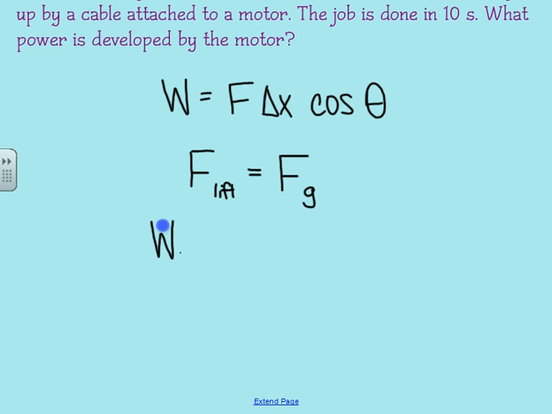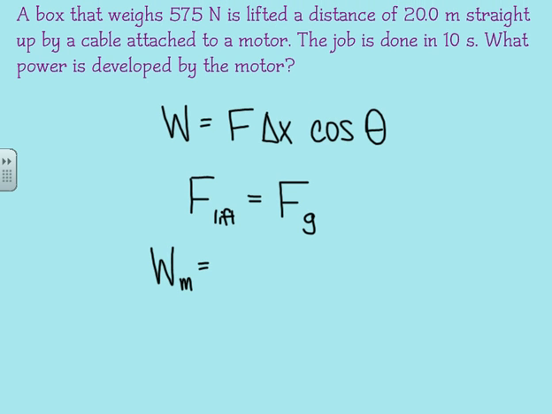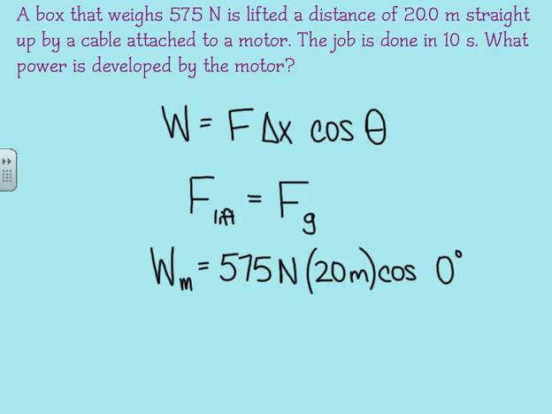So the work done by the motor is equal to that lifting force, which is equal to the force of gravity, 575 newtons, times the displacement of 20 meters, times the cosine of the angle between the lifting force and the displacement. This lifting force lifts my box straight up, and the box moves straight up. So the angle between them is 0 degrees.